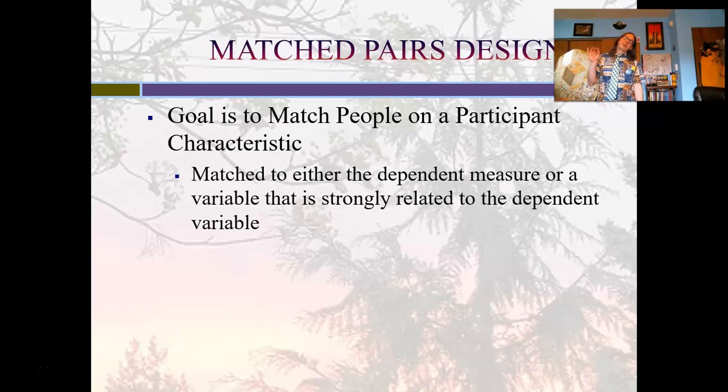But in a matched pairs design, the pairs are actually different people that have been matched on some third characteristic. So you've got the manipulation, and they either get A or B in the manipulation. And let's say you have 20 people in your sample. You divide them in half, so you've got 10 in each group.